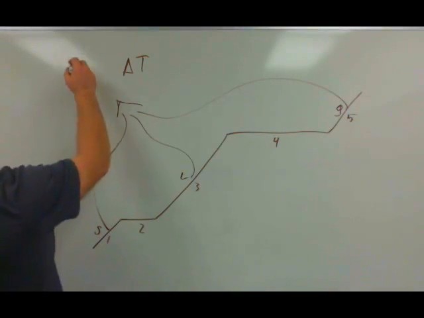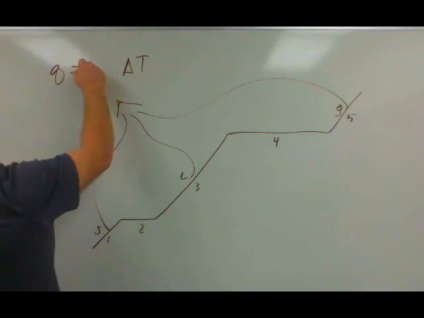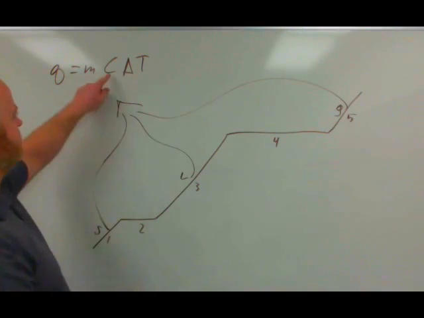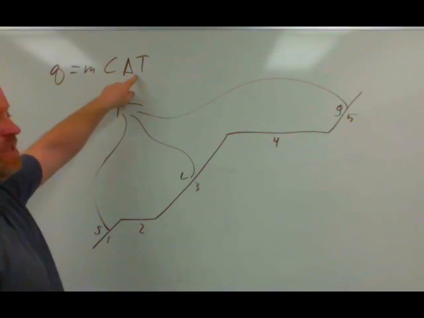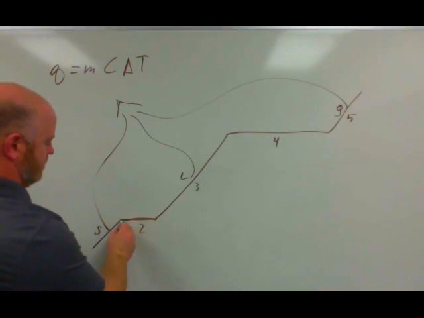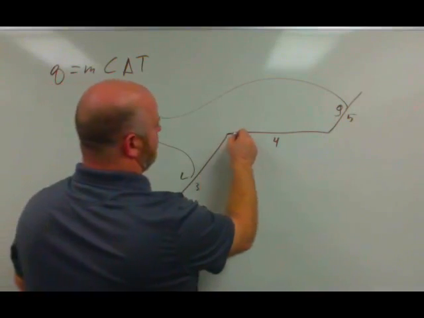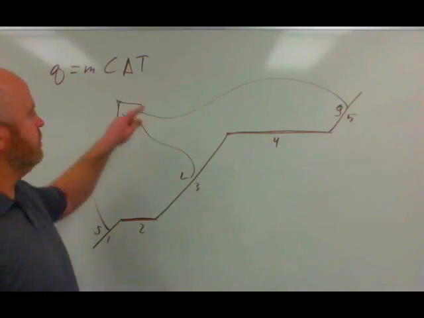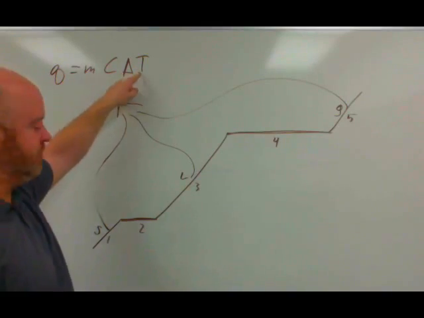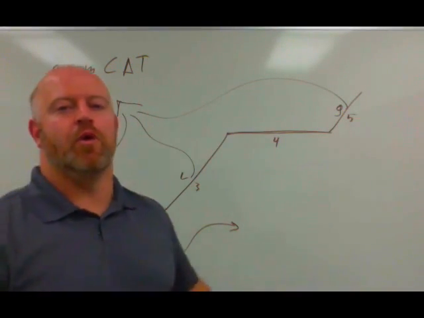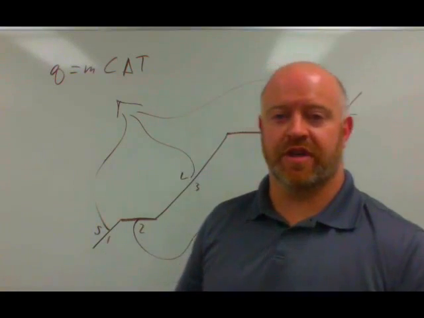And an equation was Q equals mcΔT, okay, where we had the specific heat capacities and the change in temperature. However, at these flat lines, segment 2 and segment 4, we can't use this equation because we don't have a change in temperature. So instead, we had to use molar heats of fusion and molar heats of solidification.